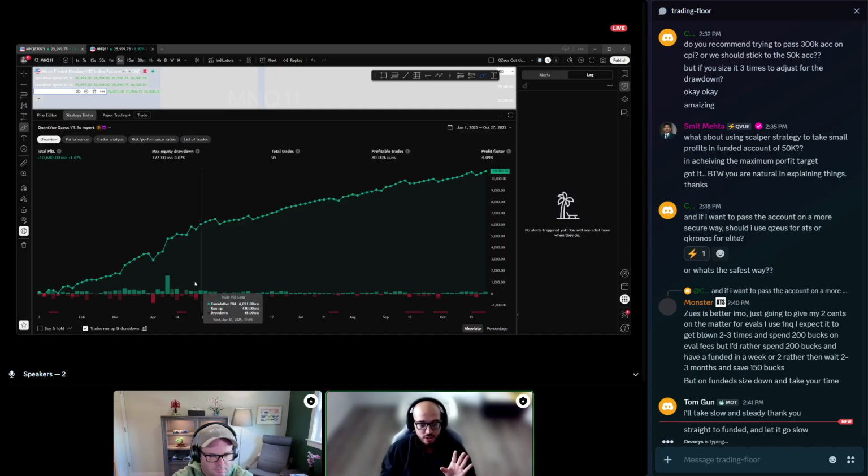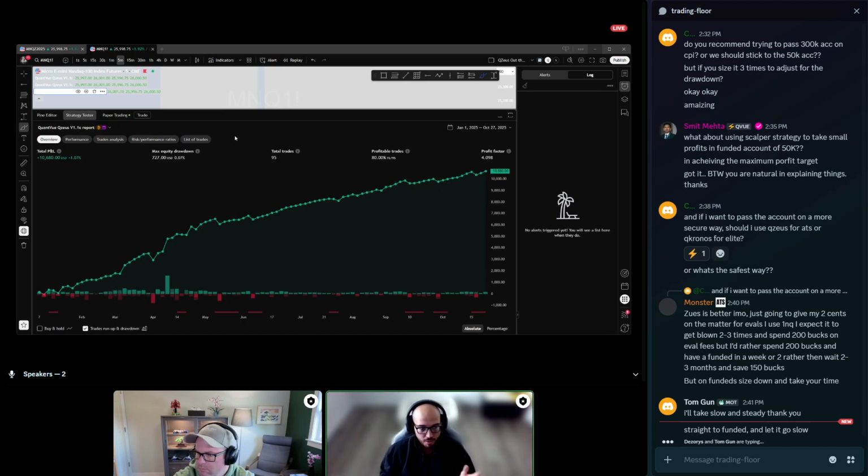If you took the largest loss that this thing has seen in equity with the 2 micro contracts, so 2 micro contracts as an example, the largest loss in equity you would have seen year to date is $727. If you are taking that and you're multiplying that by 10, $7,270 on max equity drawdown, and you're putting that on a 50K account that size, you're going to fail accounts.